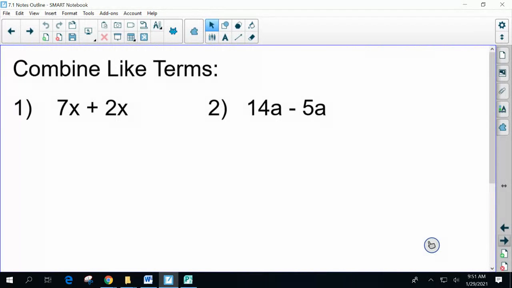Okay, so number 1 and 2, we're going to look at combining like terms. I'll give you a second to write down those questions.